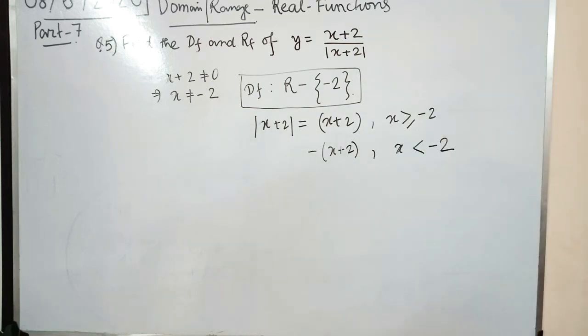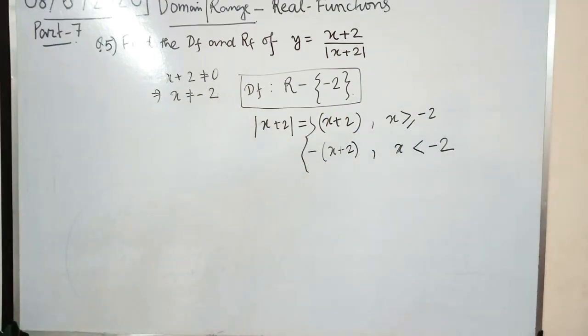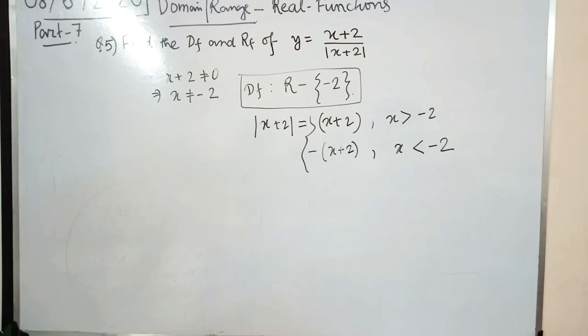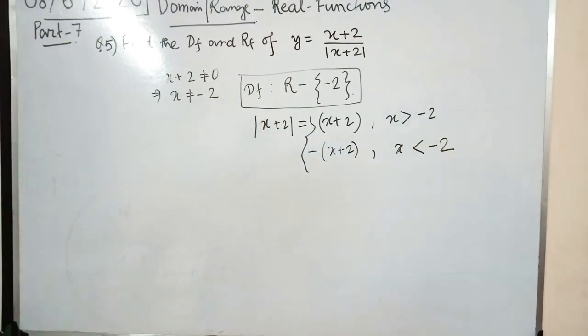That means if you put something like minus 3, it becomes minus 1, and that minus will help you make it positive. So these are the two values taken. Now I remove the equal to, because I know that x is never equal to minus 2.